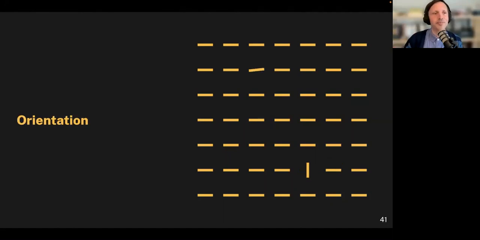Slide 41. Another example of pop-out is orientation. We can see a strong 90-degree change in orientation in one of these elements. We can see a teeny tiny one if we look at another. Big changes are more likely to trigger the pop-out effect. And finally, slide 42, outline. I would argue it's extremely effective in triggering the pop-out effect.